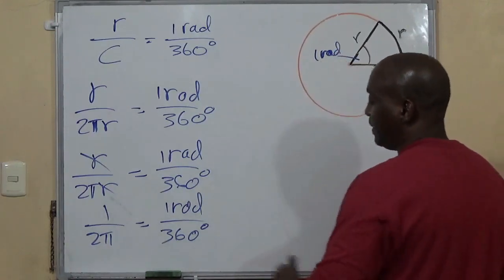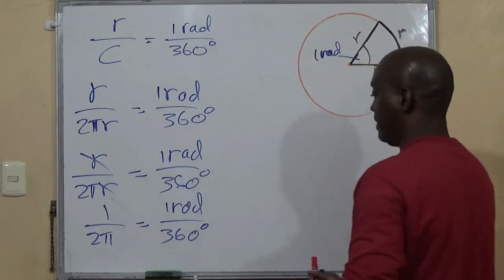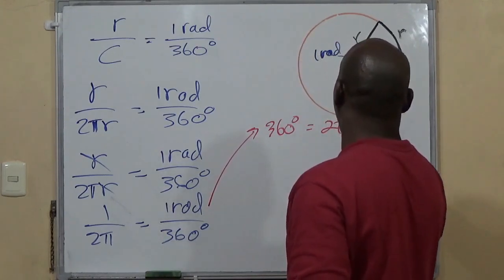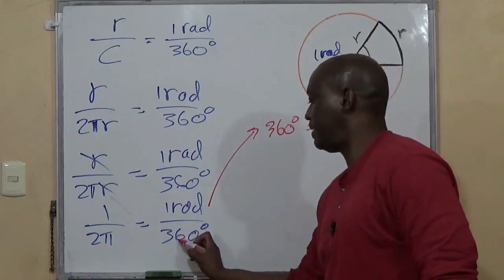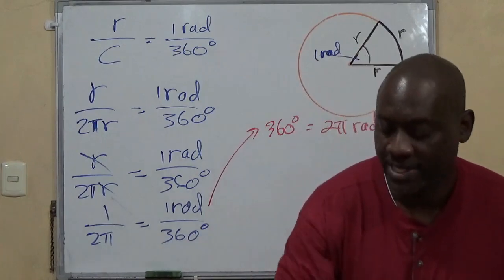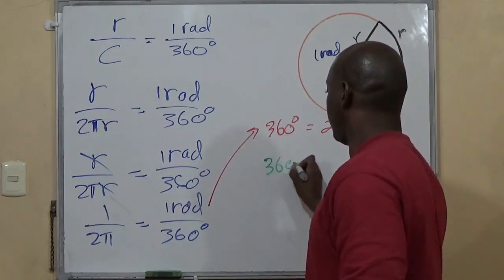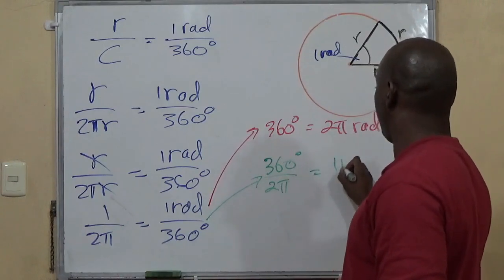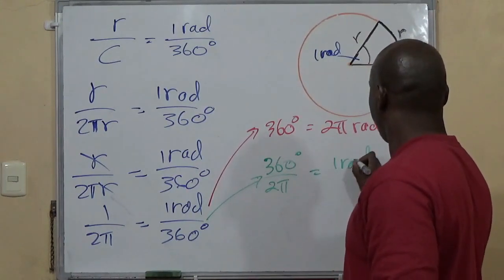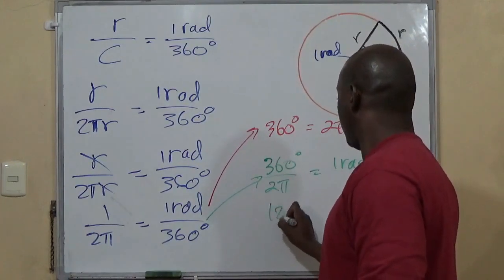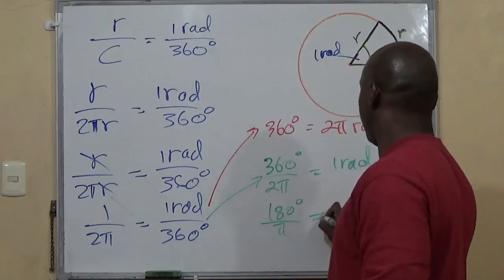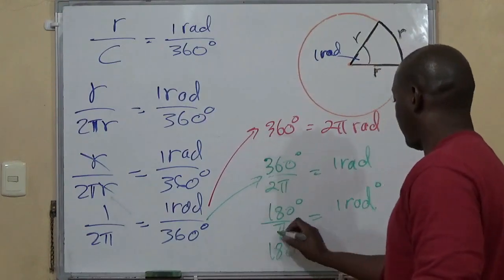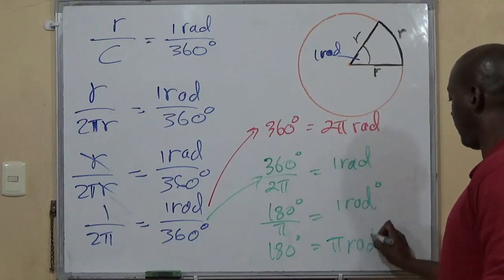You could cross multiply, bring the 360 on this side and the 2 pi on this side, and say that 360 degrees is equal to 2 pi radians, or you could carry the 360 degrees alone by itself, which would give you 360 degrees over 2 pi is equal to 1 radian, in which case 360 divided by 2 is 180 degrees over pi is equal to 1 radian, in which case 180 degrees, cross multiplying now, is equal to pi radians.